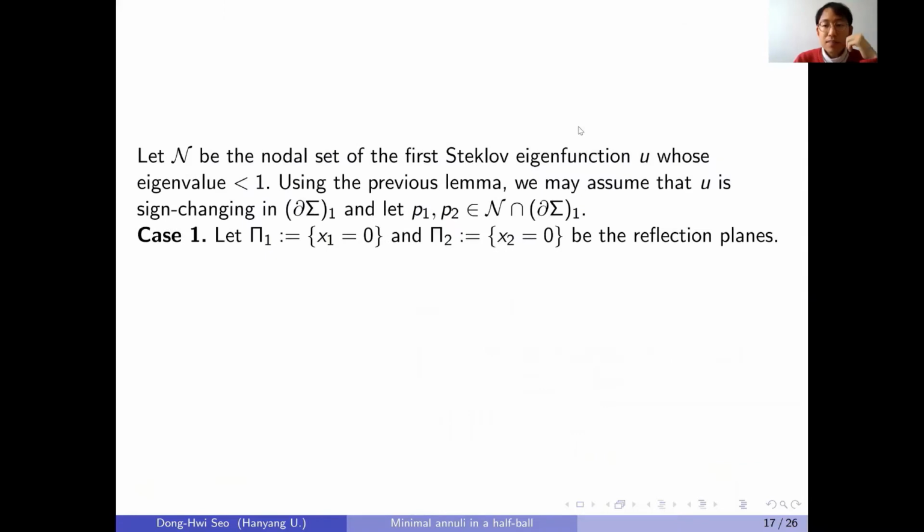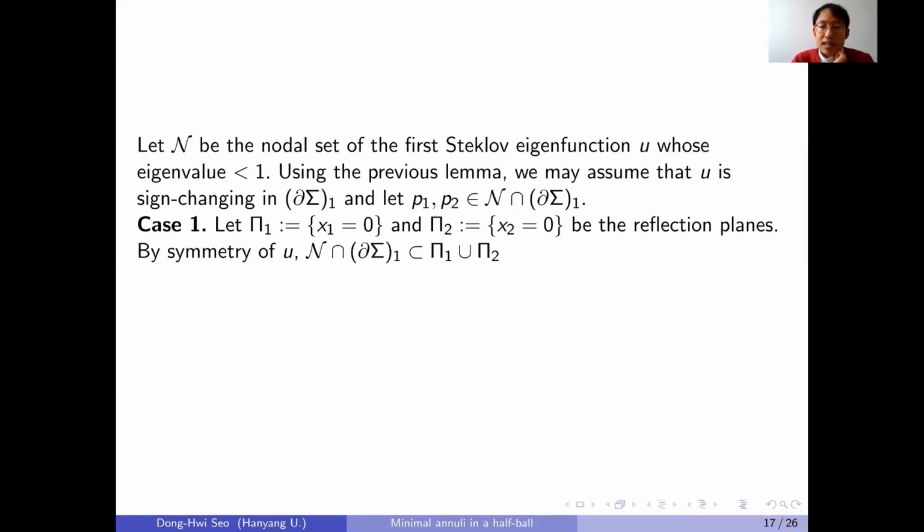So by using this lemma, we take a boundary component as in the lemma, and then the first eigenfunction is sign changing in this boundary component, and we have exactly 2 nodal points in this boundary component. So for case 1, let's say the reflection planes are pi 1 and pi 2, defined by x1 equal to 0 and x2 equal to 0.